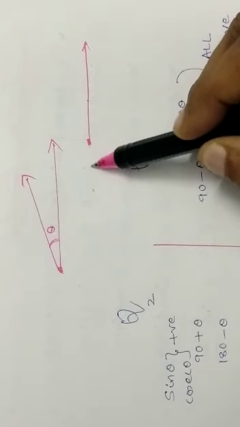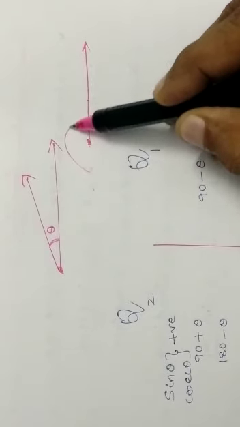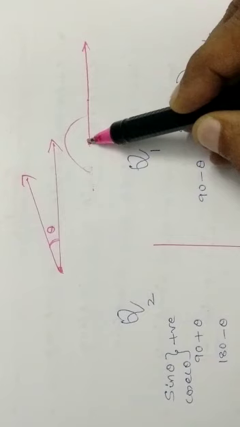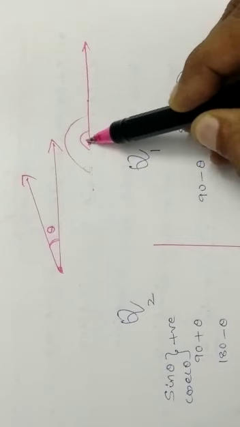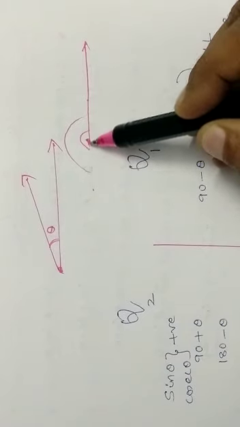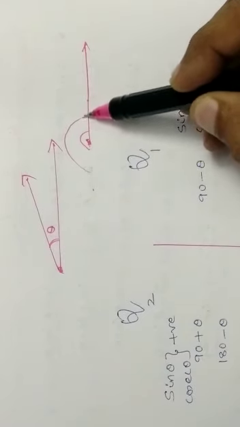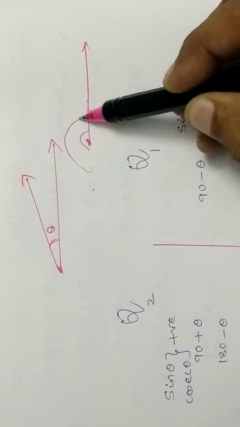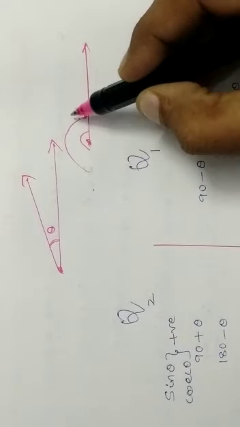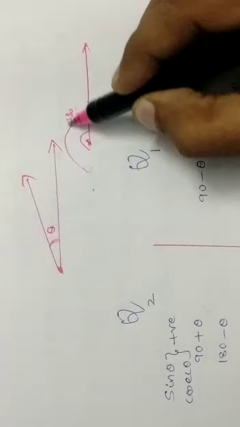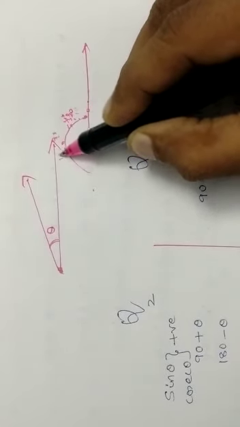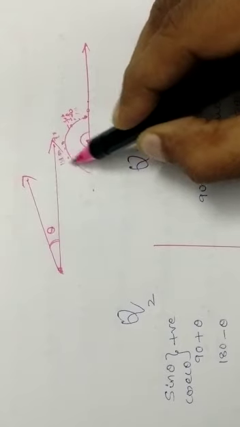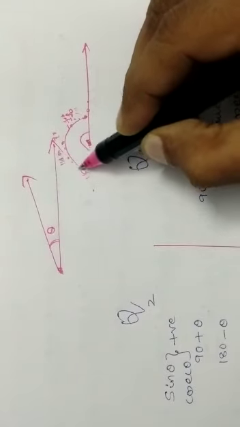Suppose this is a protractor. You have to overlap the point of protractor on this line. If you observe, this is 0 degrees, this is 10, this is 20, this is 30, 40, this is 90, 100, 110, so on, and this is 180.